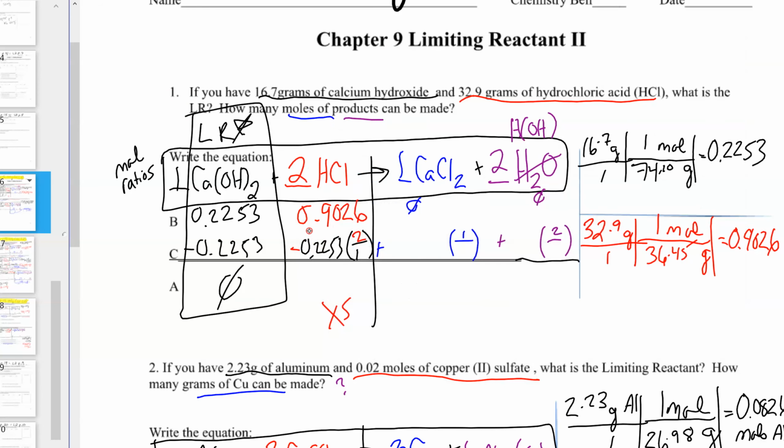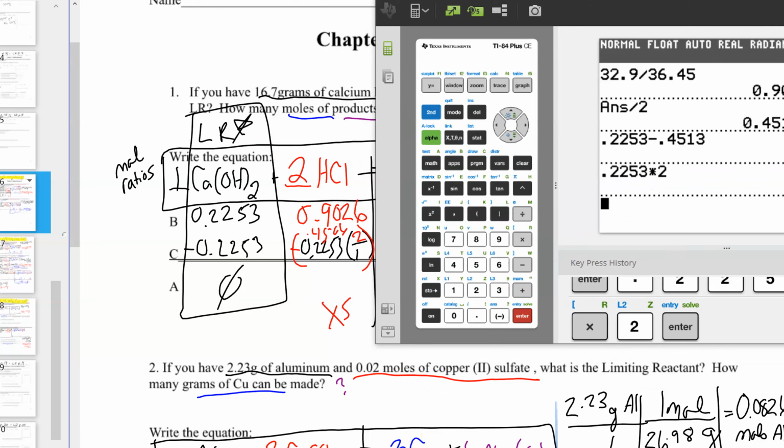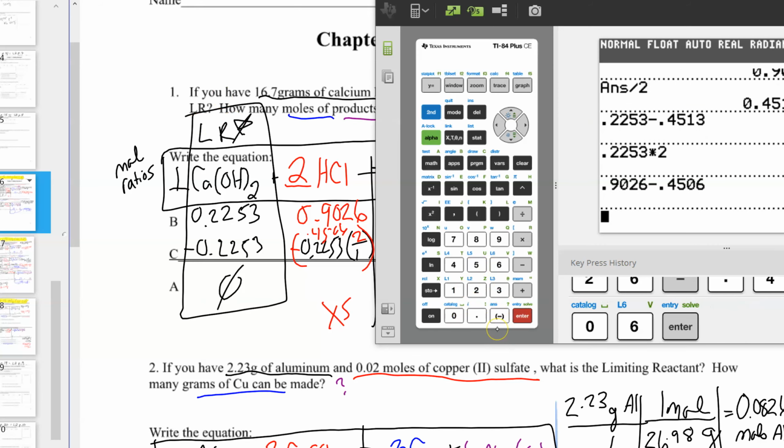So I'm using up 0.4506. So if I start with 0.9026 and I use up 0.4506, how much is left over?